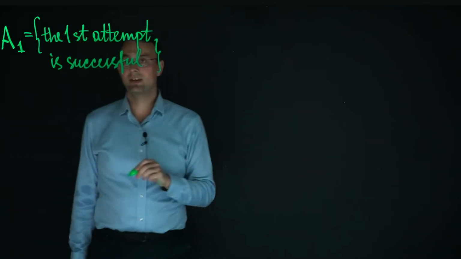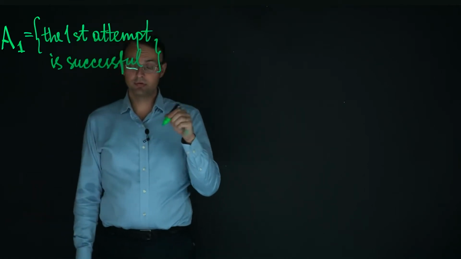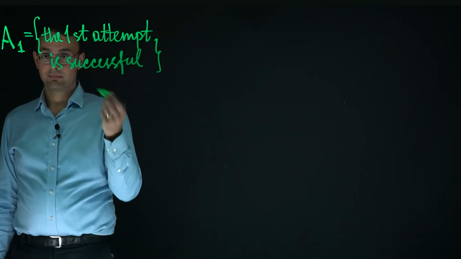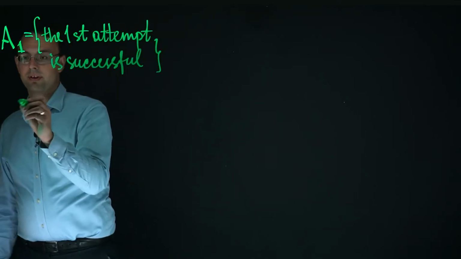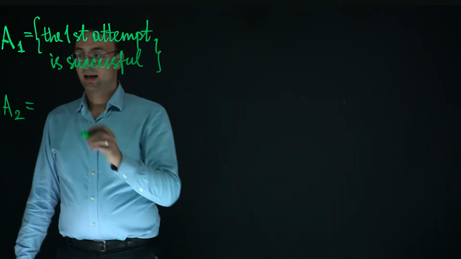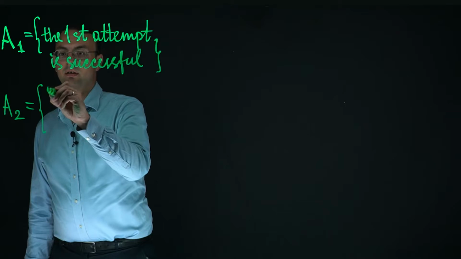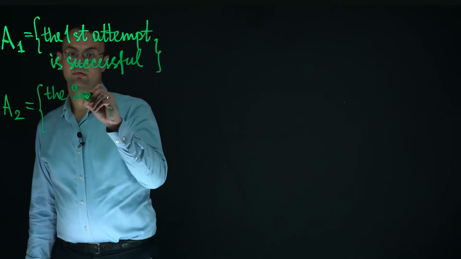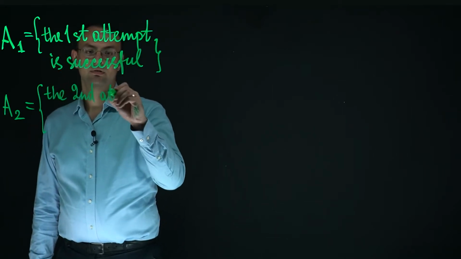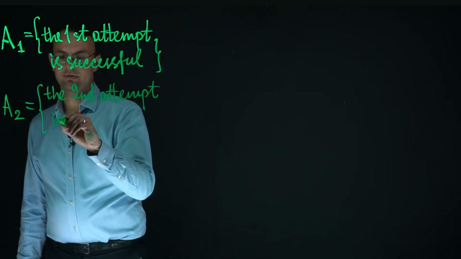So probability that he enters the correct PIN code just from the first attempt, from the first time. So, and A2 is the second attempt is successful.